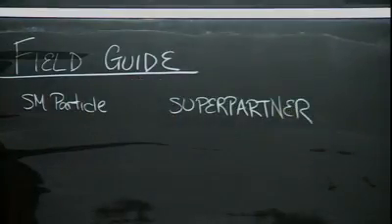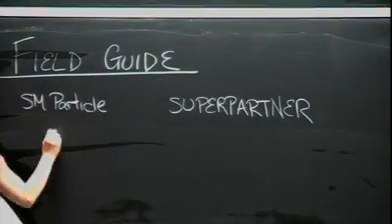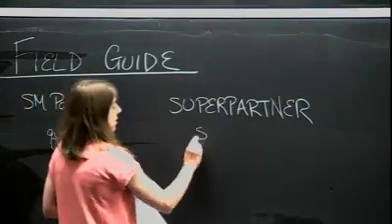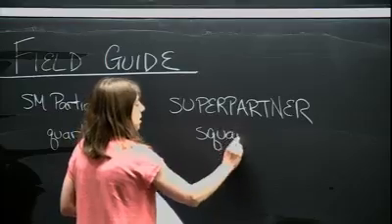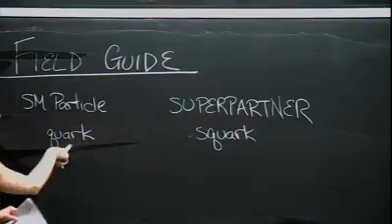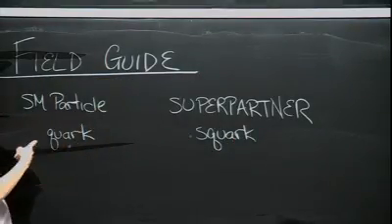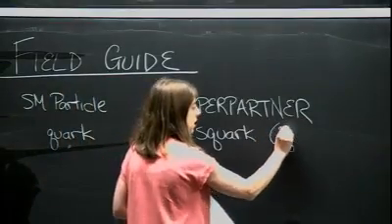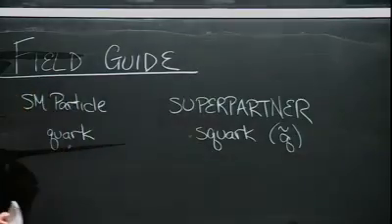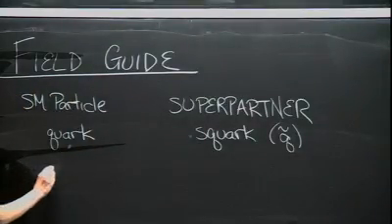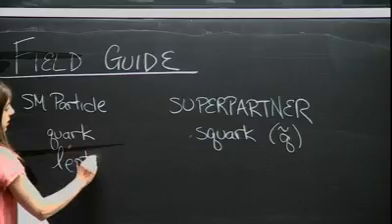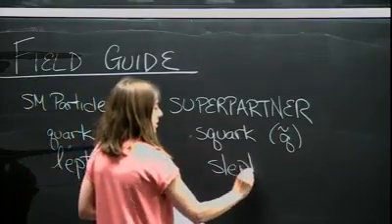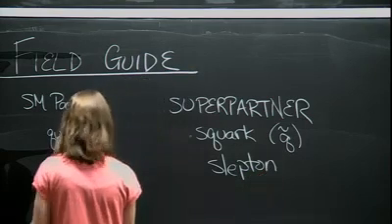So for the quarks, their partner is a squark, which has the same quantum numbers as the quark, except it's a scalar rather than a fermion. We usually denote the superpartners with tildes. The superpartner for the lepton is the slepton. I think you've probably figured out the pattern by now.